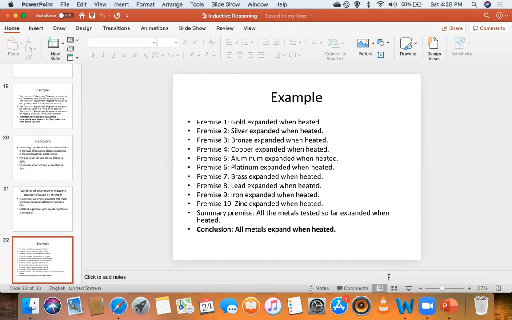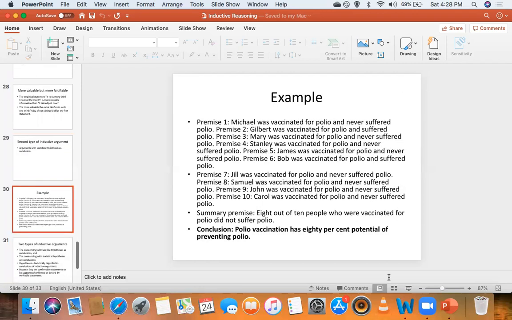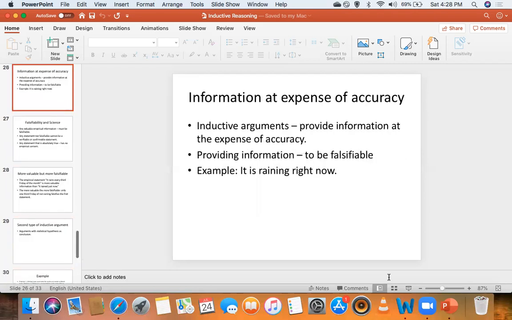the type of conclusion. We saw the inductive arguments that have law-like hypothesis as their conclusion. And then we saw inductive arguments that have statistical hypothesis as conclusion. And we said the ones with statistical hypothesis are a little bit safer to make than the ones with law-like hypothesis.